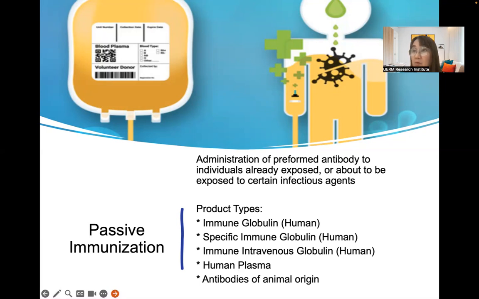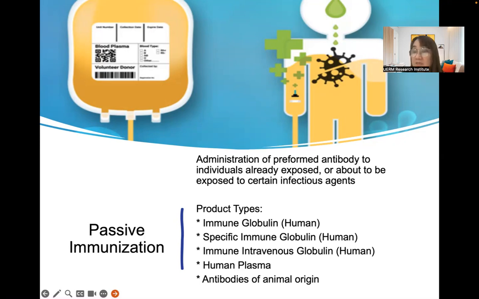Number 1, human immune globulin, which is derived from pooled plasma of adults, consists primarily of IgG and traces of IgA and IgM. It is used as replacement therapy in antibody deficiency disorders, hepatitis A prophylaxis, and measles prophylaxis.